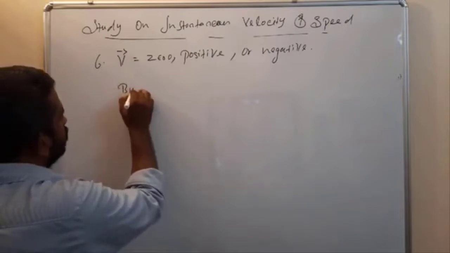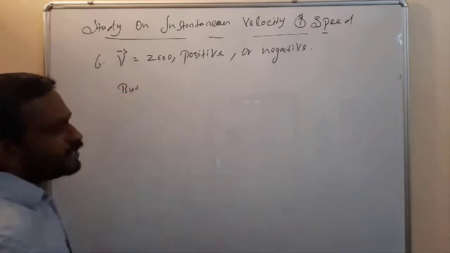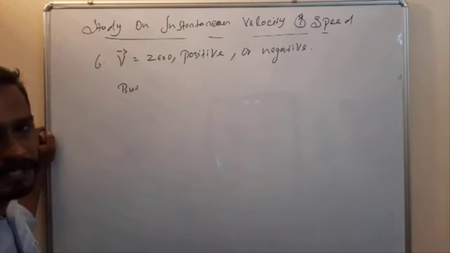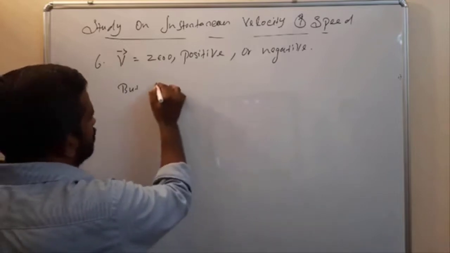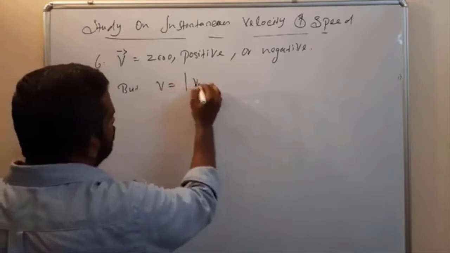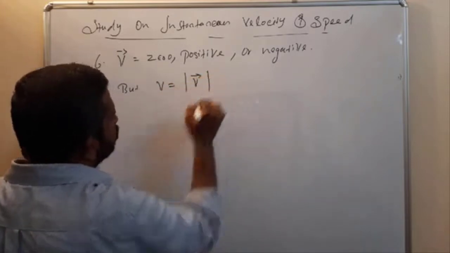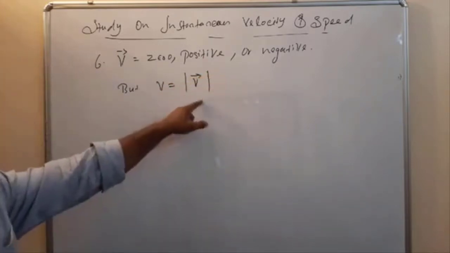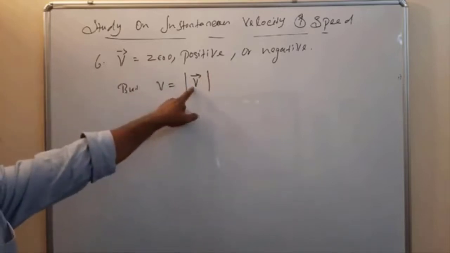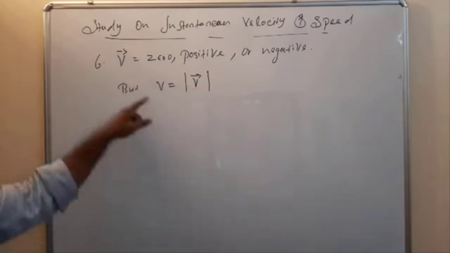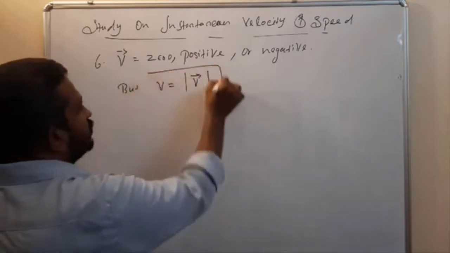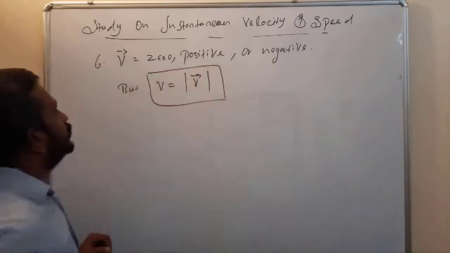But the speed can never be negative, because speed is equal to the modulus of v. When you take the modulus, it is always positive. So here the velocity is negative, but if you take the modulus, it is always positive. So speed can never be negative.